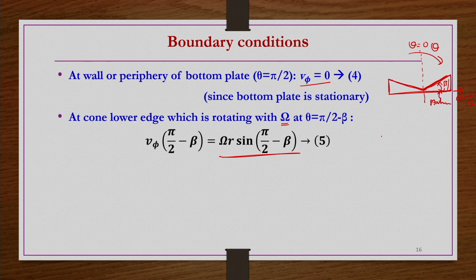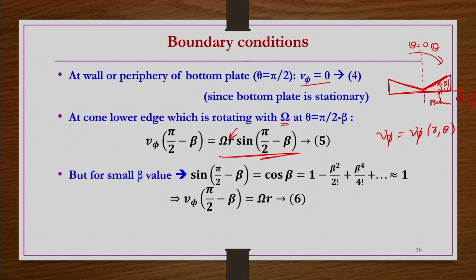We started with V phi being a function of r and theta. Now you can see the r component is there, and pi by 2 minus beta is nothing but theta, so it is a function of both r and theta. However, when beta is very small, sin of pi by 2 minus beta can be written as cos beta.